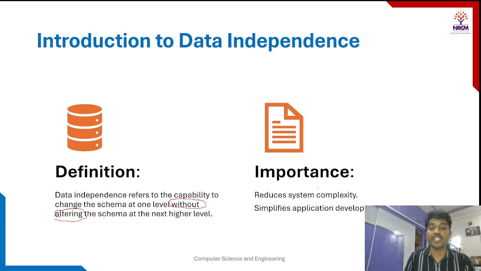Coming to the importance, it reduces the complexity and simplifies application development. For example, if you implement the application in Java, C++ and Python, it is going to give a clear view from the application programmer's perspective.